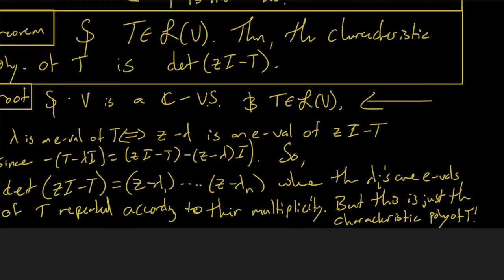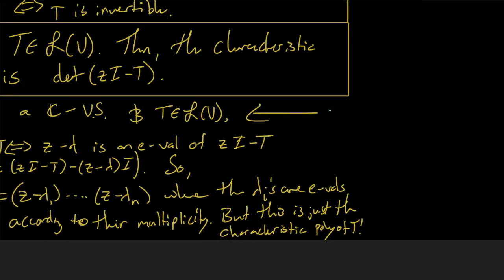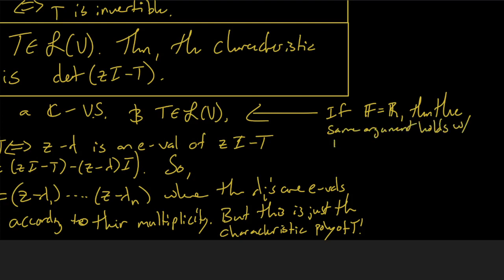So just to address this piece right here where I said suppose V is complex and T is in L(V), what I should say is that if the field is the reals, then the same argument holds with T replaced by T's complexification.